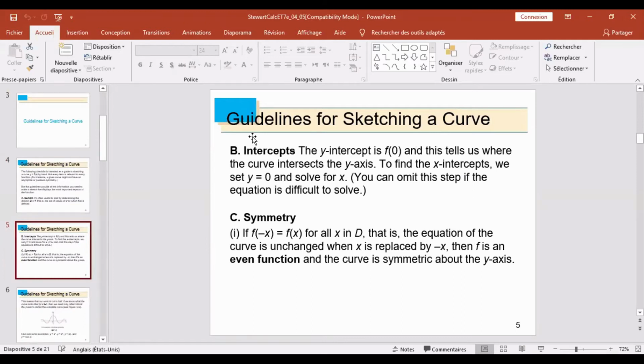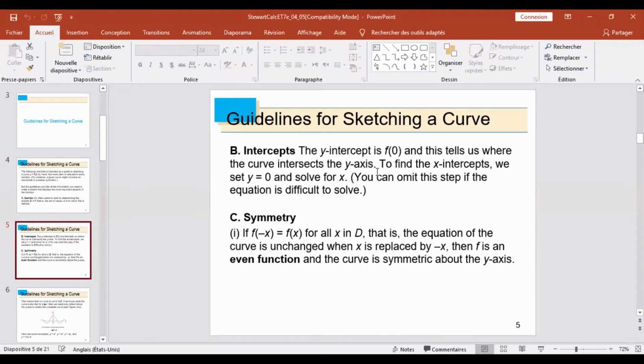The second useful information is to know the intersections, the y-intercept and the x-intercept. That means we have to set x equals 0 and evaluate f of 0. This is the y-intercept.